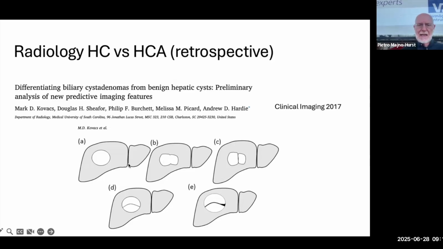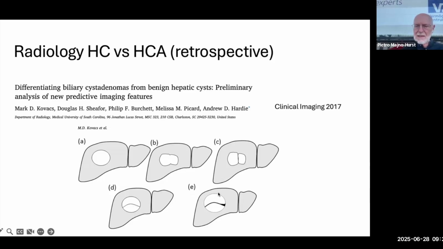They analyzed the very simple cysts, the cysts that are opposed, in which you can see a septum with a dent, and these are generally the benign cysts. This is the septum of a cystadenoma that does not indent the wall, and this is a thickened septum.